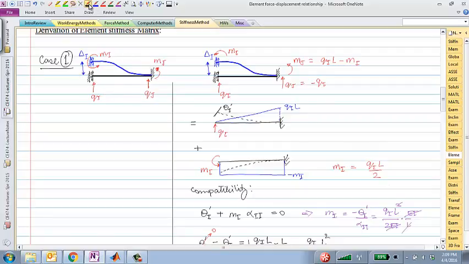For this problem, the bending moment diagram should look like starting with negative QI L over 2 and going to this point, which would be actually equal to positive QI L over 2.